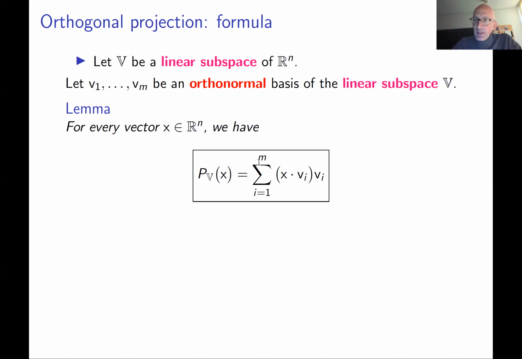Of course, it takes some time to find an orthonormal basis of V, but once you have found it, this formula can be used to find the explicit equation for the orthogonal projection.